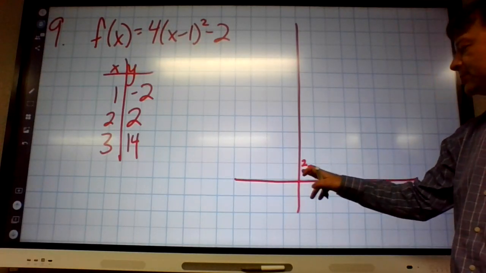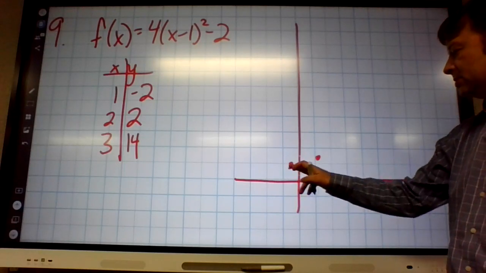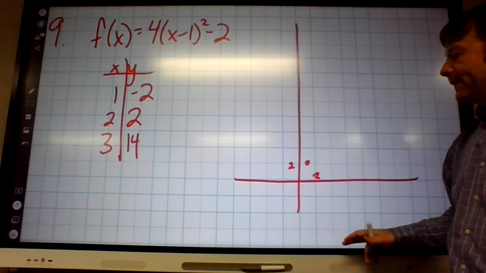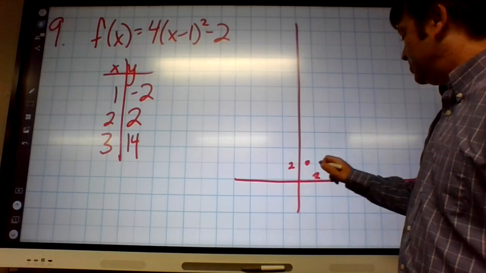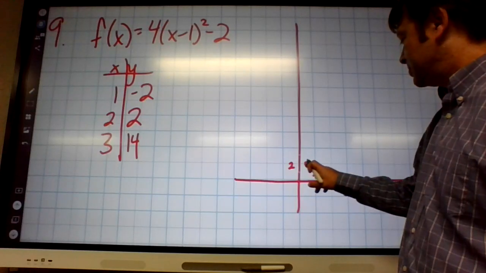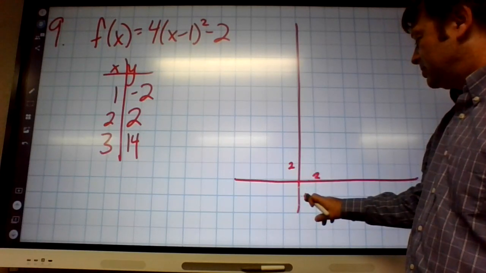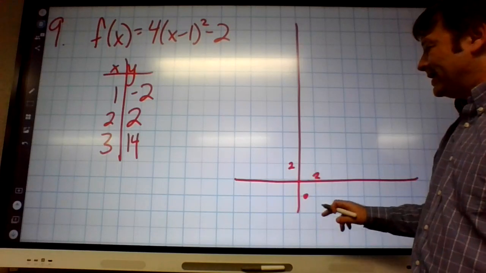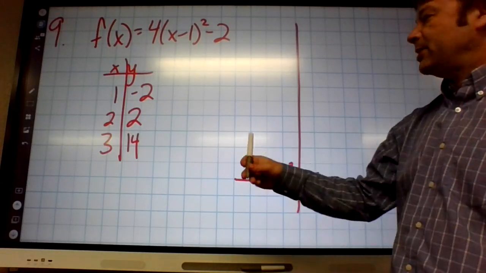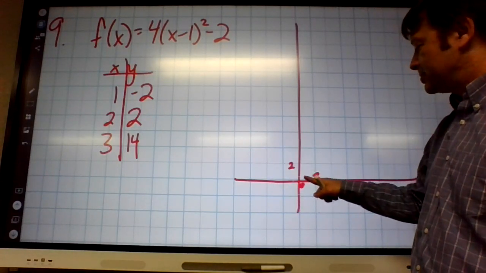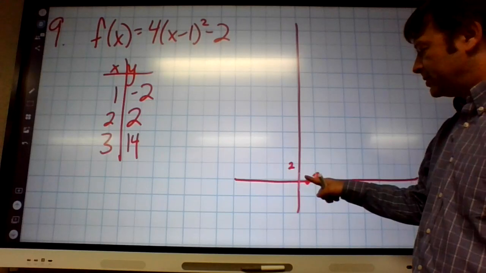I should have put my 2s somewhere else. Why is it in the middle of the line? Mr. Jordan. Oh, it said 1, negative 2, my bad. Why is it in the middle? Because we're counting by 2s. So 1 is only halfway.